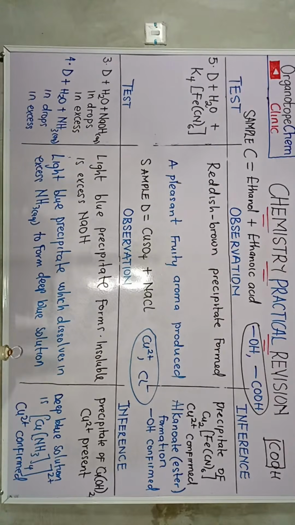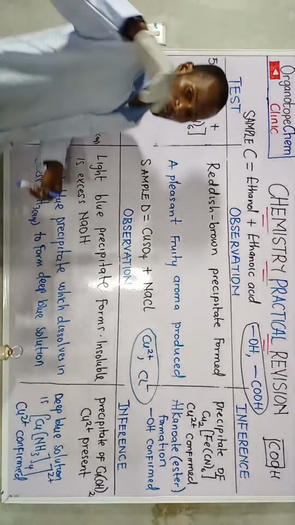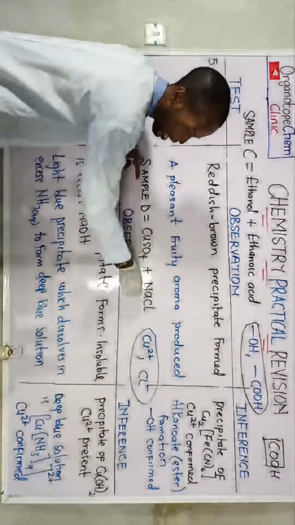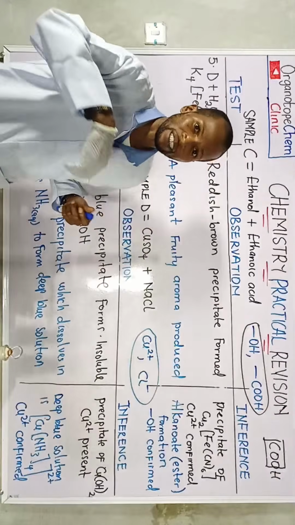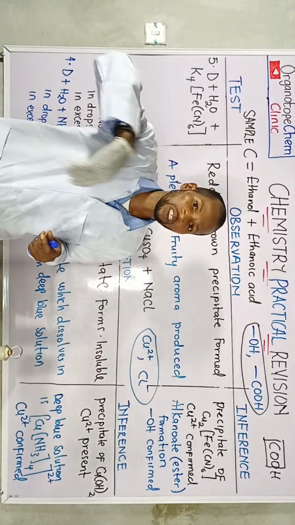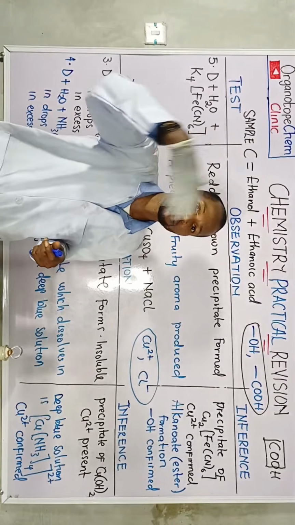And the hydrochloric acid is not suitable for this test because the chloride ion is already present in the mixture. Chloride ion is present in the mixture already, and we are still adding HCl, which is hydrochloric acid, so the concentration of the chloride tends to increase.